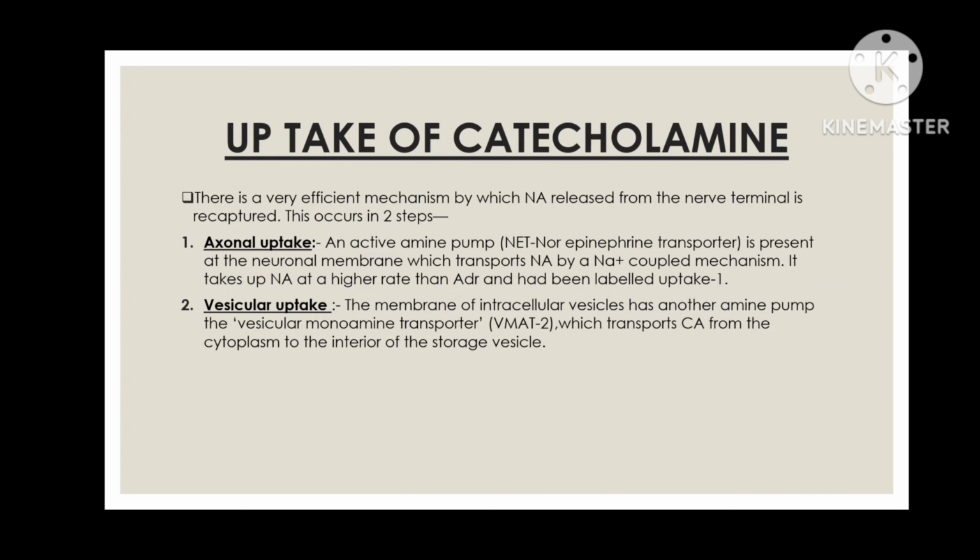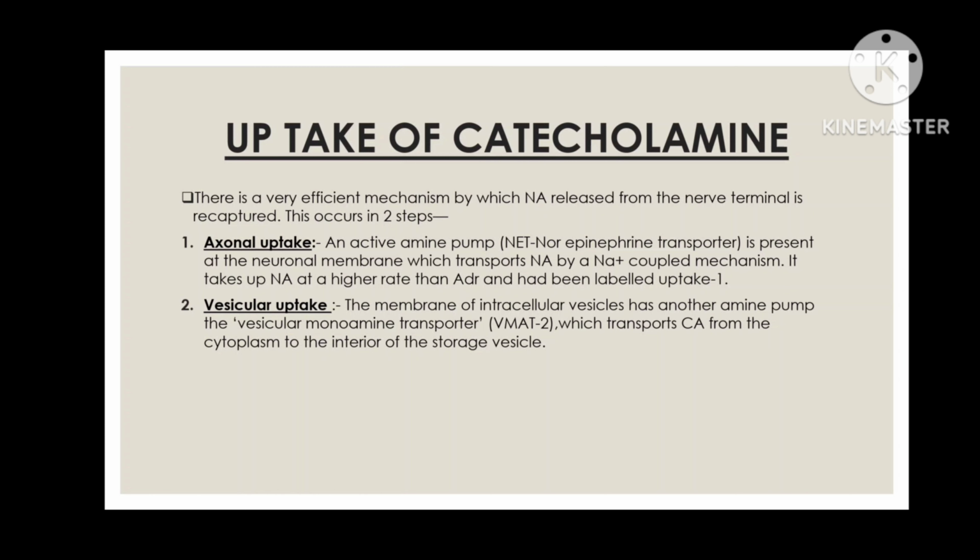Then uptake of catecholamine. There is a very efficient mechanism by which noradrenaline released from the nerve terminal is recaptured. This occurs in two steps, axonal uptake and vesicular uptake. The axonal uptake, an active amine pump, is present at the neuronal membrane which transports noradrenaline by sodium coupled mechanism.